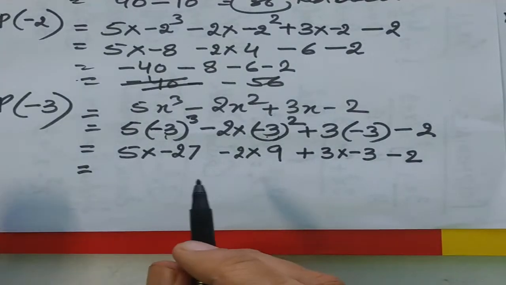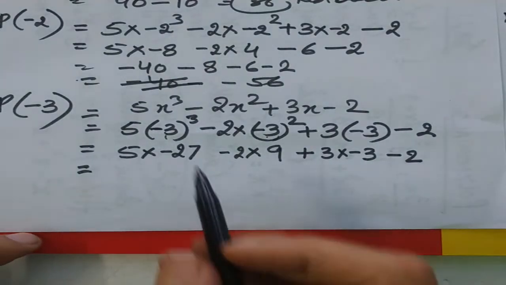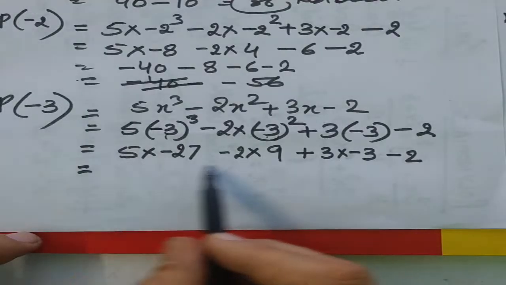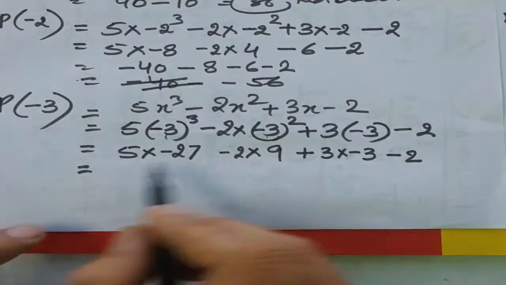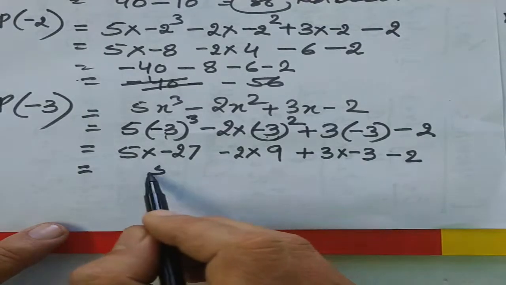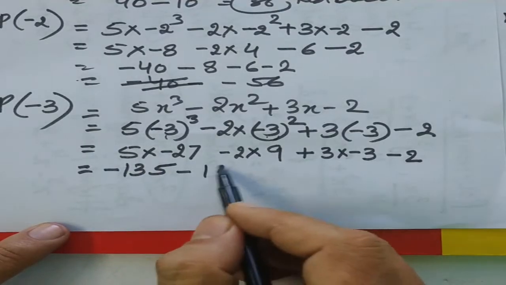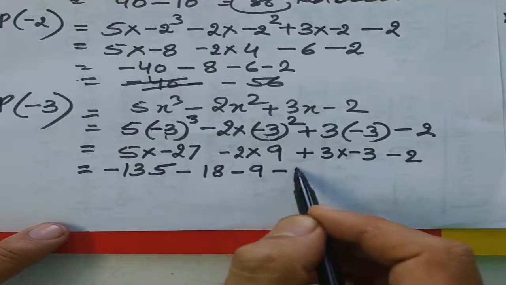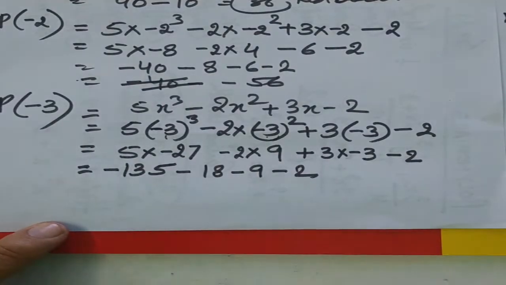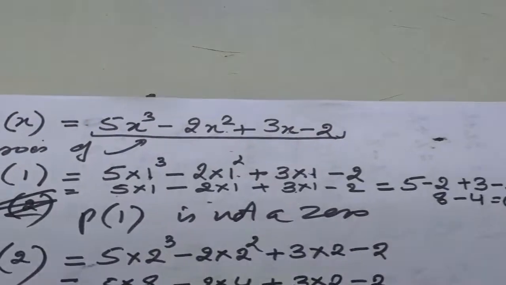Which number will give the answer 0? You have to try and get the whole answer 0. So 135 minus 18 minus 9 minus 2. Again it is not coming. The number which gives the answer 0 will be called the zero of the polynomial.